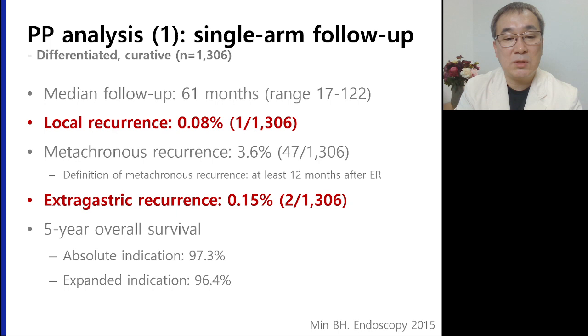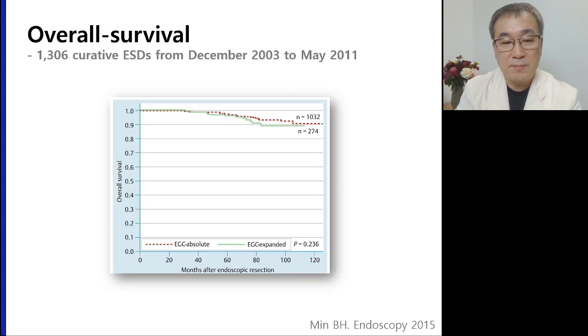Excluding metachronous recurrences, we experienced only one case of local recurrence and 2 cases of extragastric recurrences. This is the overall survival. There was no statistical difference between absolute indication and expanded indication.